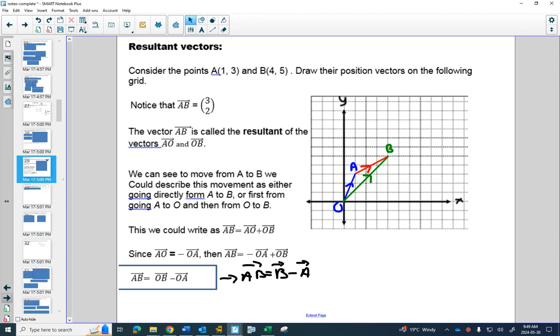But let's say we want to find the resultant vector. The resultant vector is saying, I want to go from A to B. If I was at A and I wanted to go to B, what would that vector be?